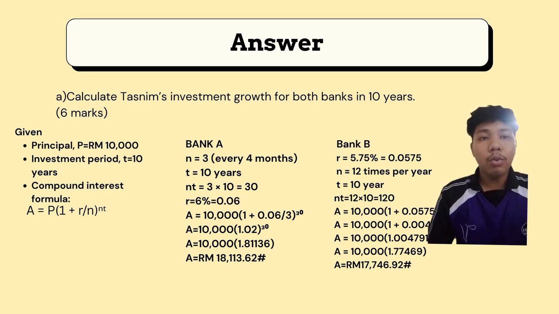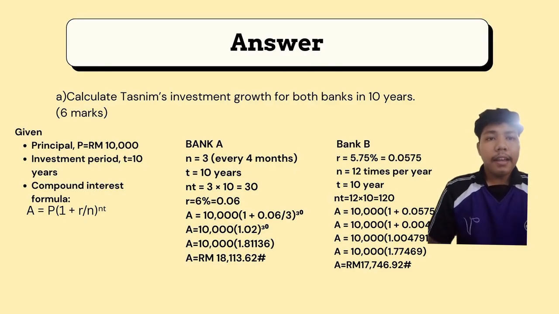Moving on to Bank B, the annual interest rate is 5.75% and the interest is compounded monthly. Therefore, the interest is compounded 12 times per year.